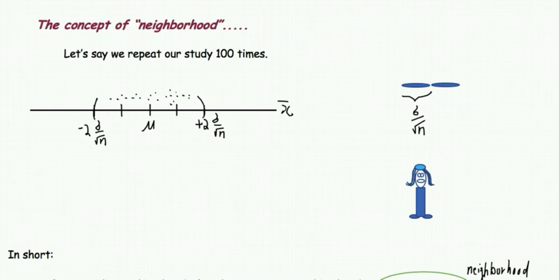So out of 100 times of our studies, roughly 95 sample means lie within this plus 2 minus 2 neighborhood, and approximately a small number, let's say just 5, sample means lie outside.